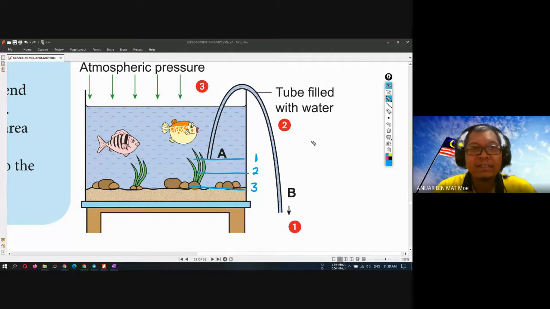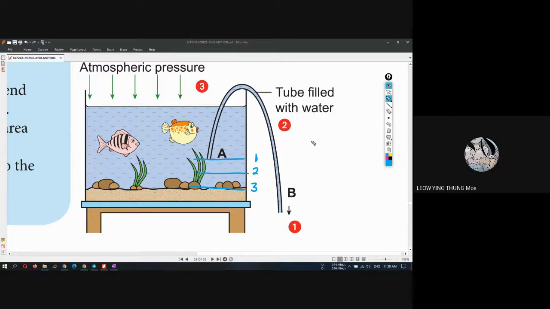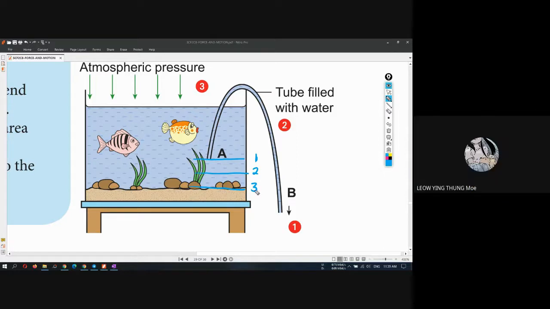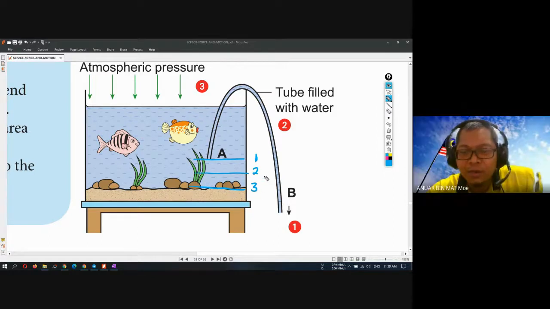Class. Number 3? Is it number 3? No. The water will stop flowing at number 1, because can you see here?